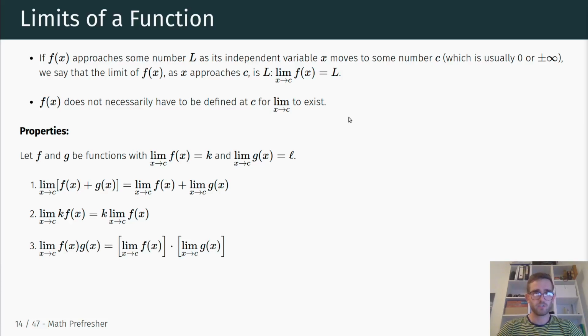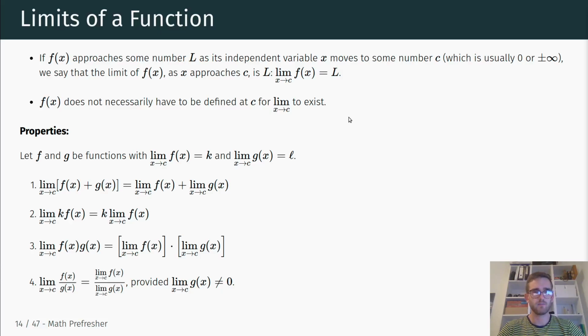If both functions are multiplied, so we have the limit of x approaching c for f of x times g of x, we can again separate those two and describe this as the product of the limit of f of x times the limit of g of x.